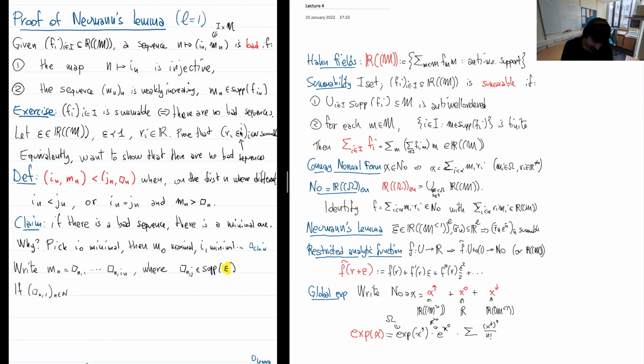And suppose that this is strictly decreasing. It's not going to be in general, but just to see what's going on, then what I can do is divide it out.